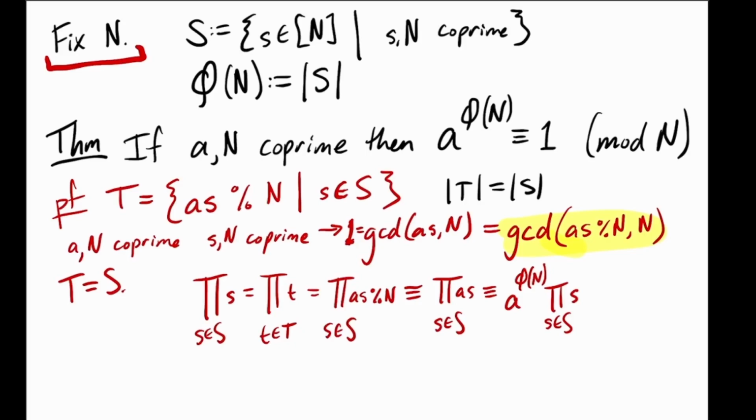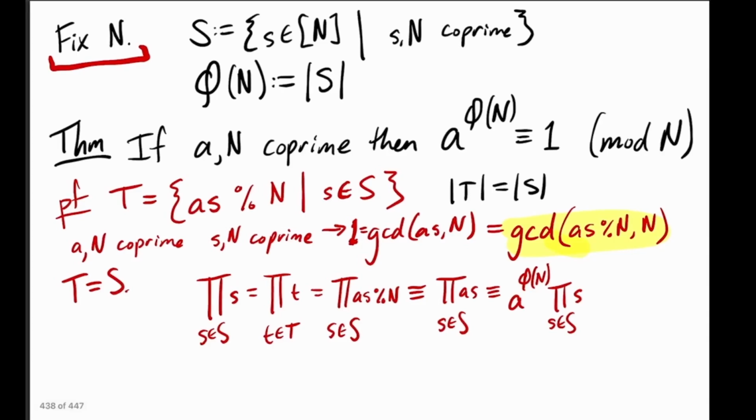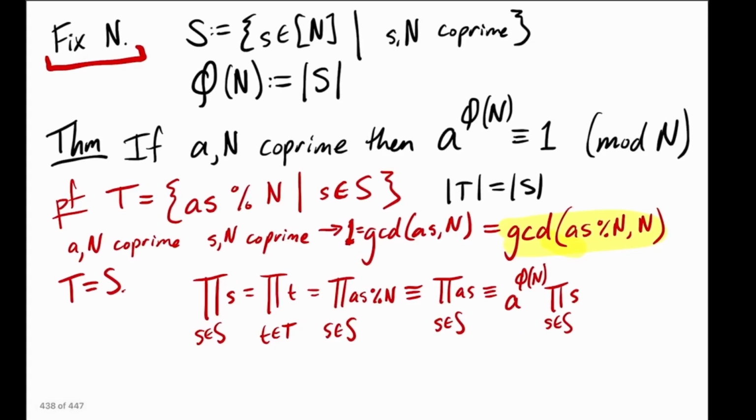Now, I would usually like to just cancel this out, which would be like dividing both sides of this congruence by all the elements of S. But I know I can't always do that. I can only do that if I'm dividing both sides by something coprime to n. But the good news is that's exactly how we define the set S. So every element in here can be canceled.